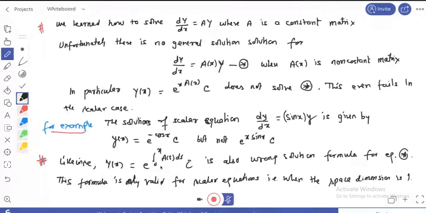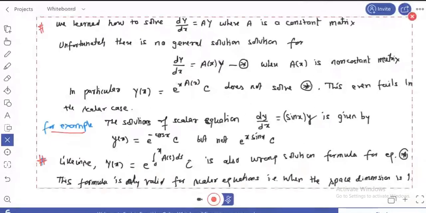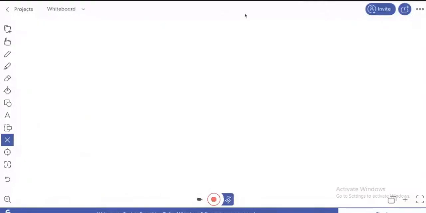Let's see how this solution fails if the space dimension is greater than 1. In the next page we take an example to see how this does not exist for a space of dimension greater than 1.